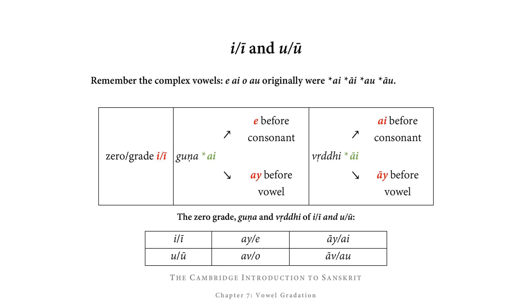So that's why we have guna appearing either as av or as o. And the same thing in parallel happens in vriddhi. We have a long a added in front of the u, giving us au, which appears as au in front of a consonant, or as av before another vowel. So this is how we arrive at these two lines.